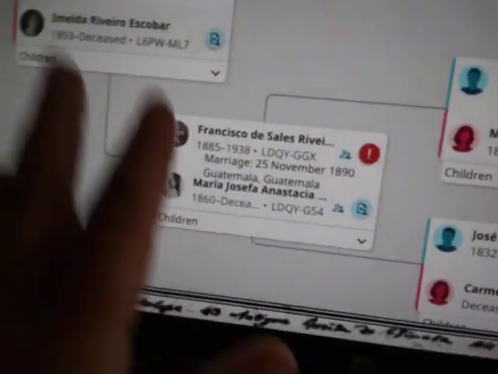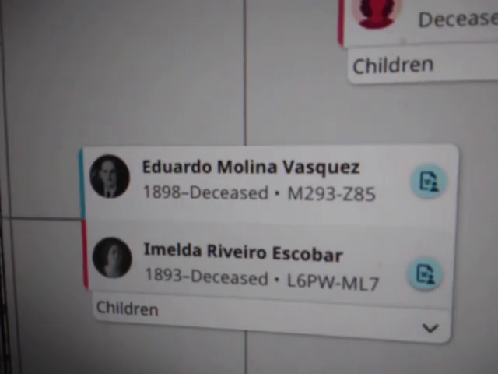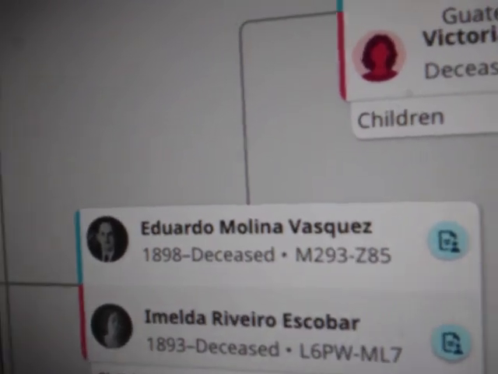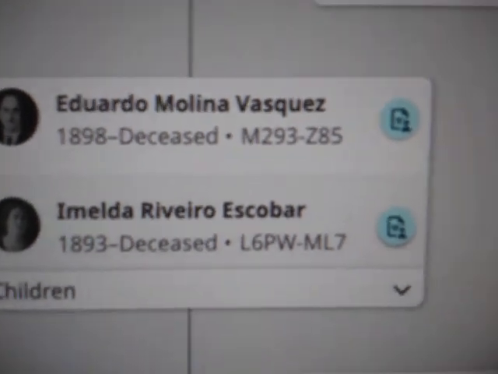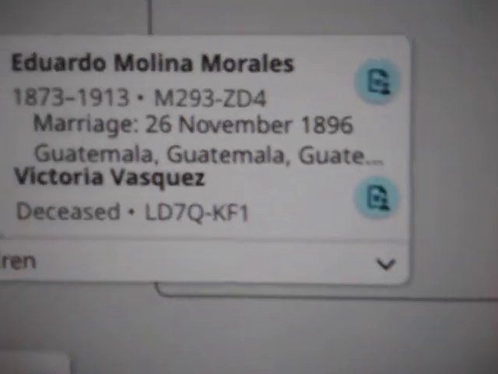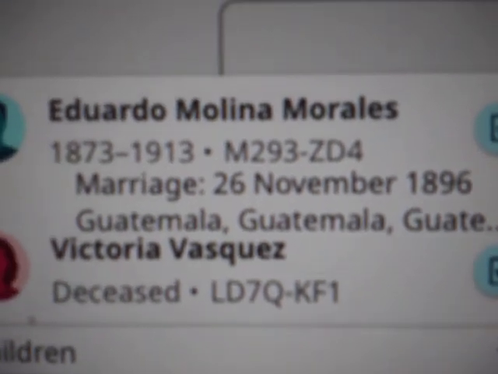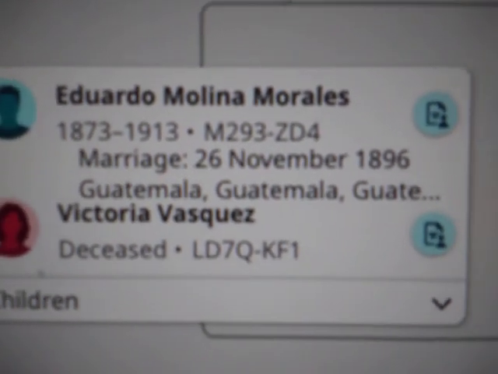Somebody had already put all of Imelda's info in. If we look then, it's really interesting: Eduardo Molina Vasquez, 1898, and right above him is his father, Eduardo Molina Morales, and it gives you the dates.